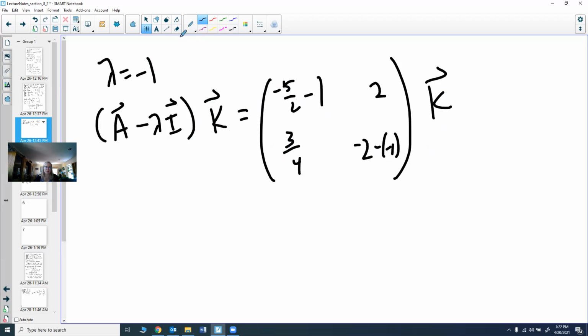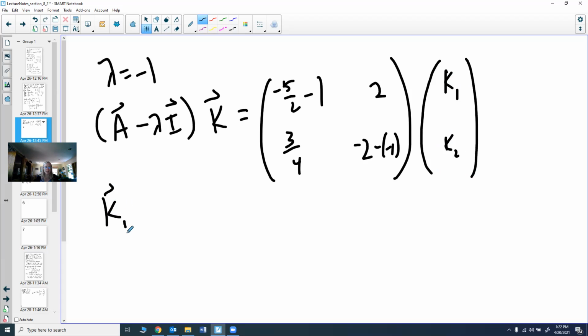What might help is to write what k is equal to. So let's think of what k would look like as a matrix, because we are doing some multiplication here. So k is the matrix k1, k2.